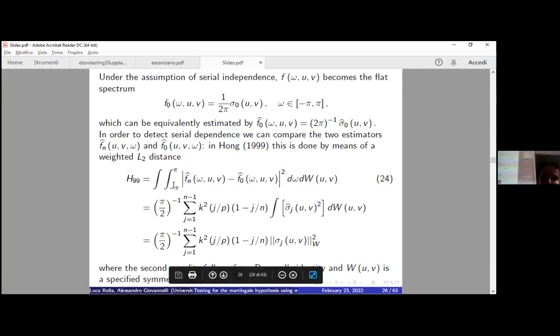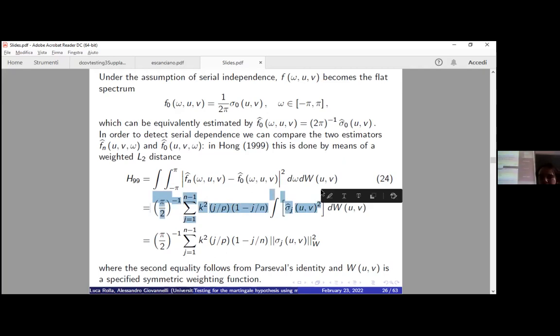And after some passages, he eliminates completely the integration over the frequencies. He's left with this expression here, where integration is still on the parameters of the characteristic functions.